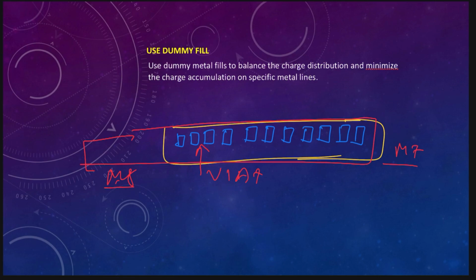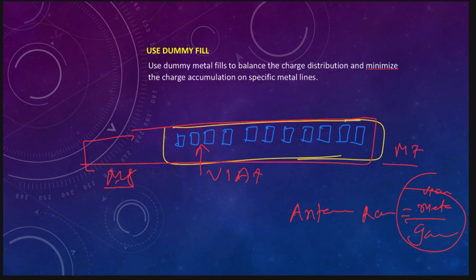If you see the antenna ratio formula, it is metal area upon gate area, or via area upon gate area. But if you see here, the via area is very small compared to metal 7 or metal 8, because the via is always under either metal 7 or metal 8.